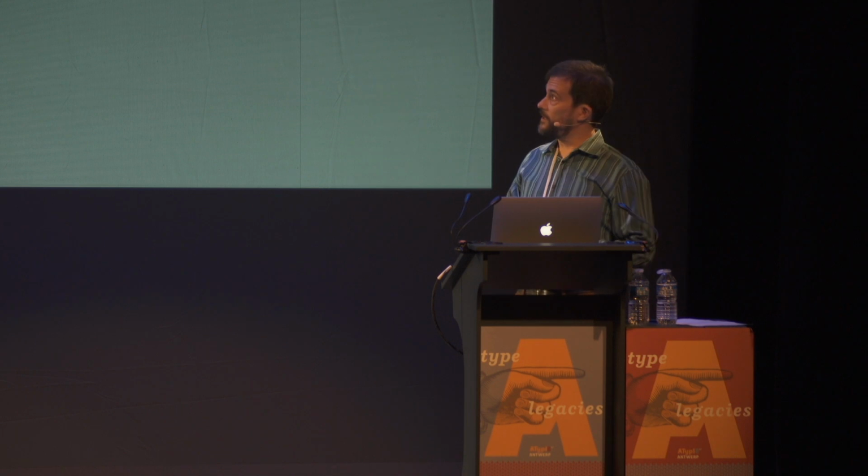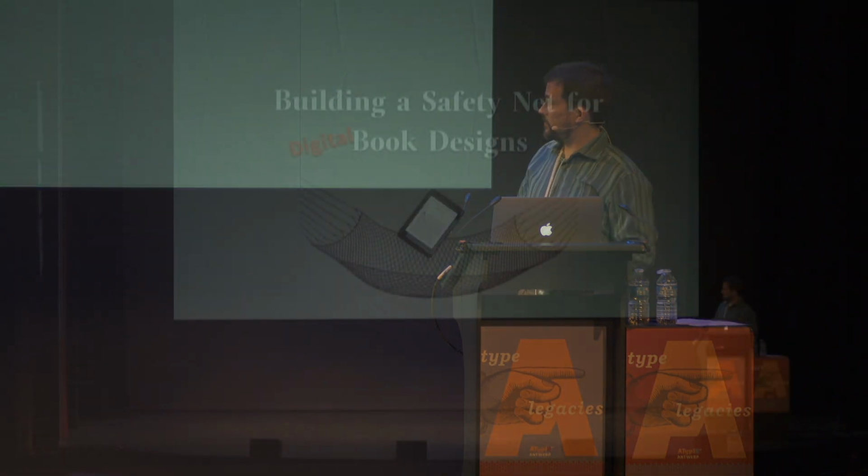They can't oversee and control everything that may be done with their designs. Anyway, so I'm going to talk about how the Amazon Kindle is trying to maintain the author's intent and maximize readability under the constraints imposed by digital books, dynamic systems. So specifically, it's going to be digital books.